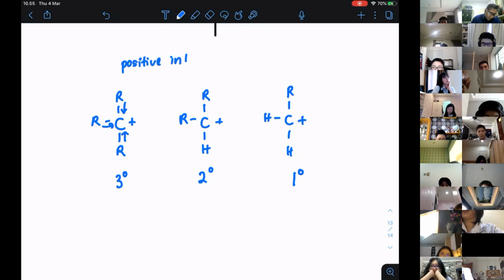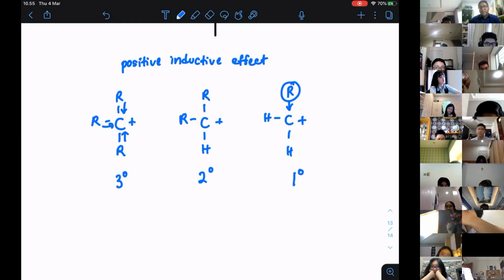If you forget about this, I'm very sure you will remember the example that I gave you. If you have only one person to share with when you are heartbroken, the positive inductive effect is not that strong.